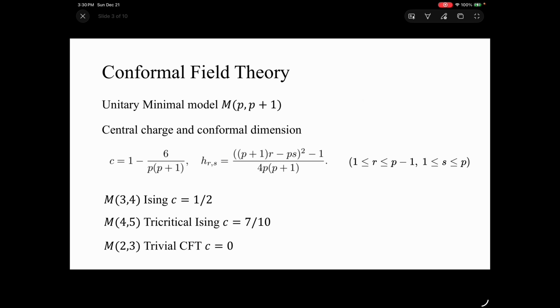This is the so-called Kac formula. It can be proven that in 2 dimensions, if a system has scaling invariance, like a fixed point, it will exhibit conformal symmetry. In this case, we can use the minimal model to describe the fixed point.